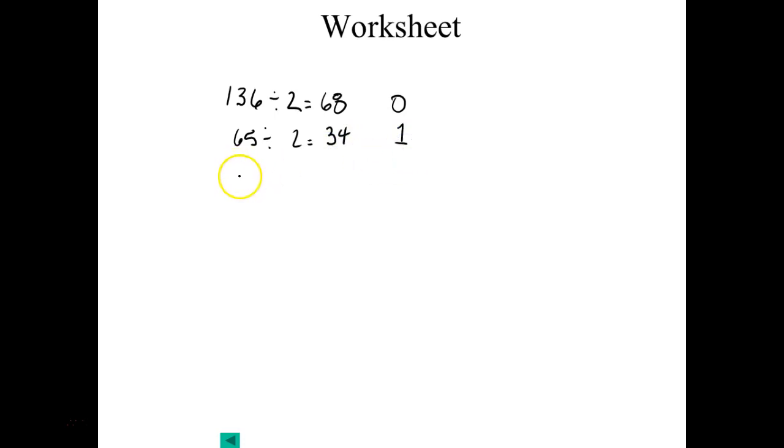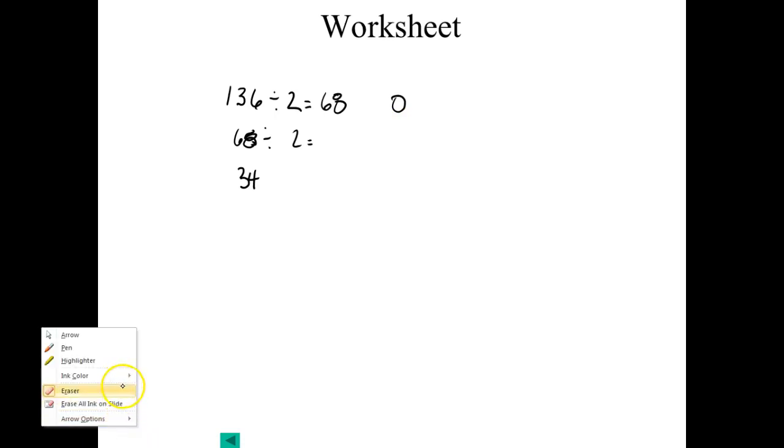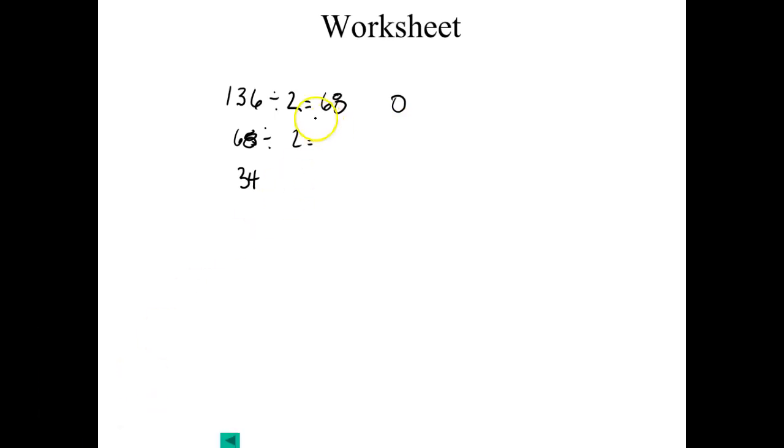And 68. We okay? That's 68. Oh, I'm sorry. Thank you. Where did I get 65 from? So 68 is going to be 34 with a remainder of 0.